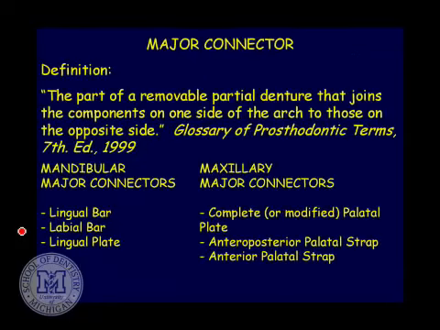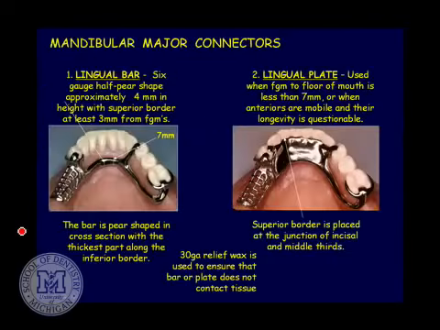So your major connector is basically just the big main connecting piece that ties all the different parts of the partial denture together. So if we look at mandibular major connectors, typically we think of either the lingual bar or the lingual plate. This major connector goes around and hooks all the other parts of the partial together.